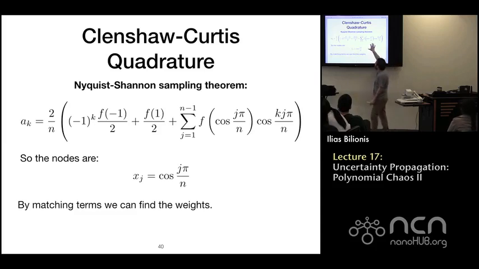And this is the formula. Now again, you can look this up. This is probably something you haven't seen unless you have taken a course in signal processing, but it's a pretty well known formula. And this formula basically looks like a quadrature rule. Okay? And the quadrature nodes are these points right here. So basically the nodes are the cosines of jπ over n. And these are equidistant in the theta space, but they're not equidistant in the x space.